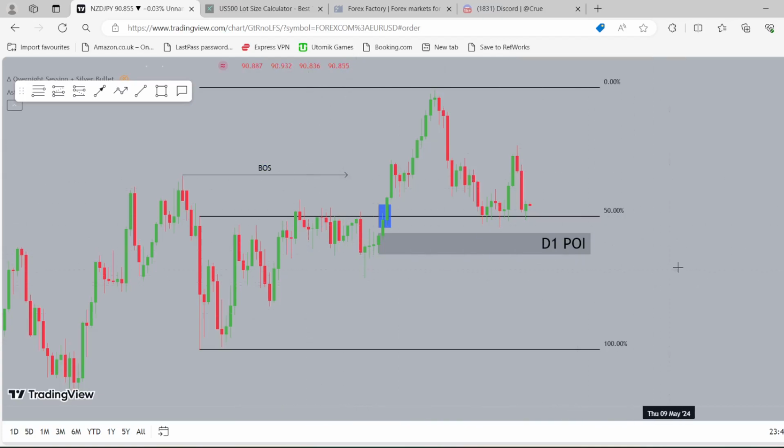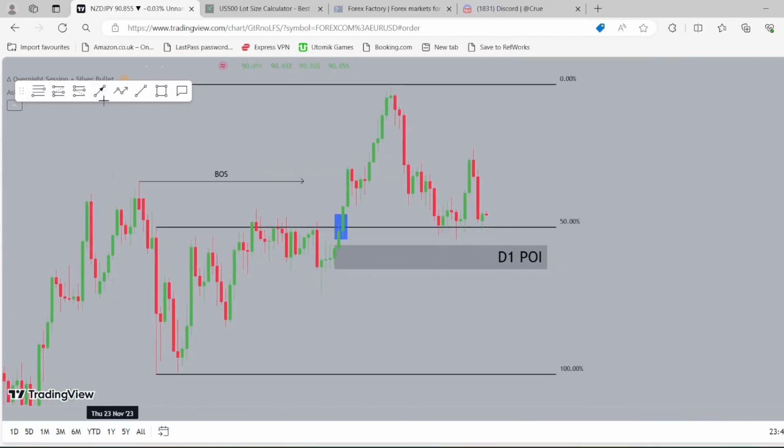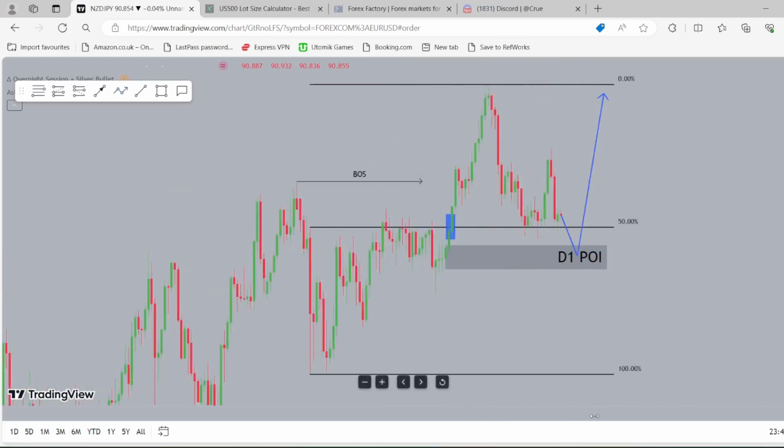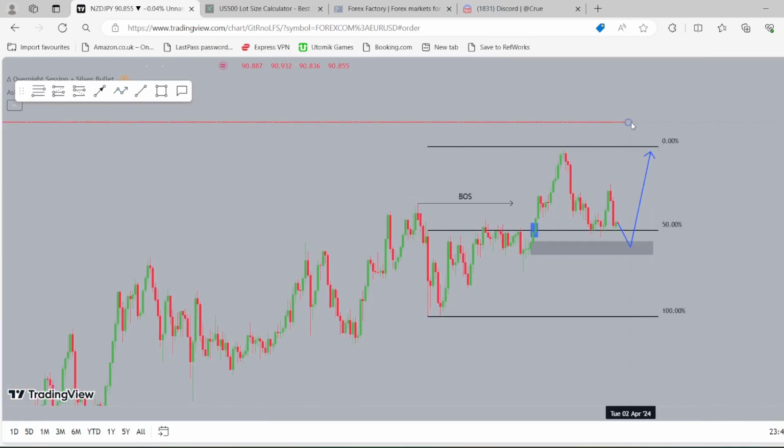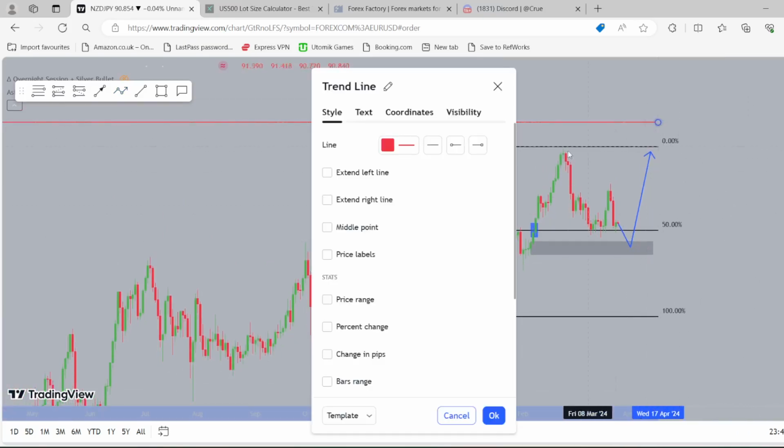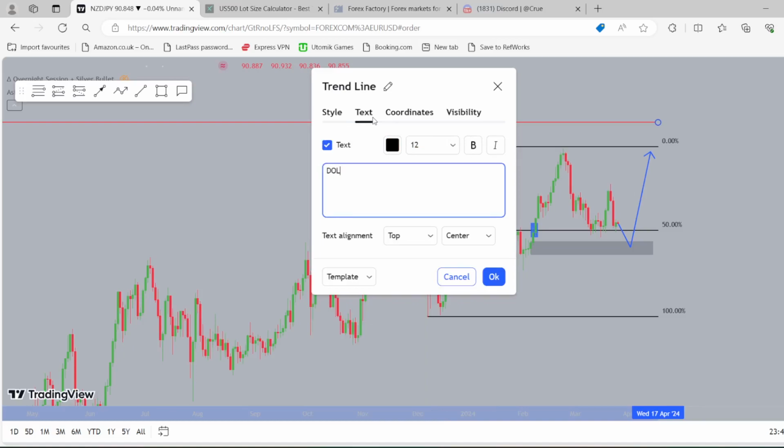So what do I think price is likely to do? We could very likely see price react off this daily POI, this daily zone, which is roughly at the price point of 90.25, 90.26, and we could see extended higher prices from this region. Remember I told you the weekly draw on liquidity is all the way up here, like we established from the weekly time frame. This is our DOL, our draw on liquidity.